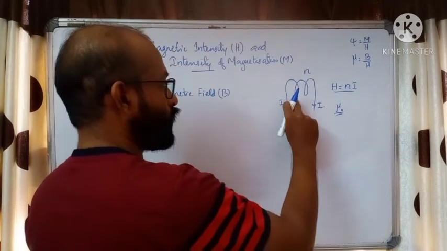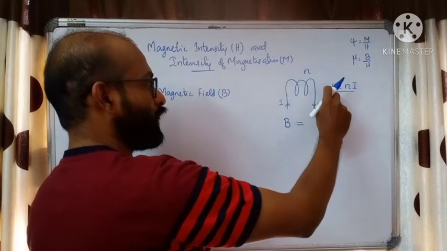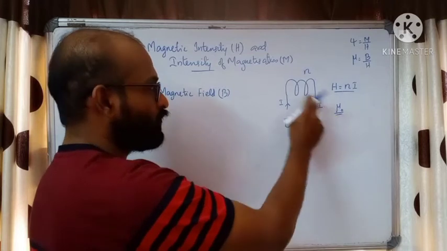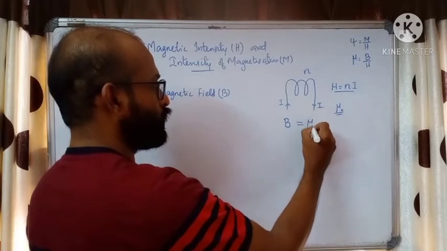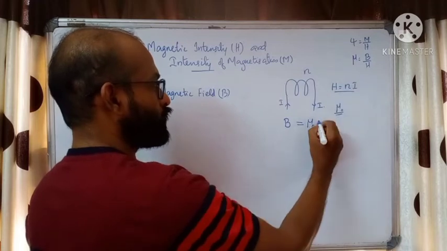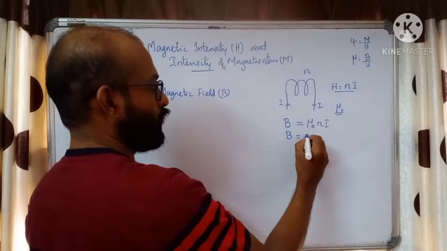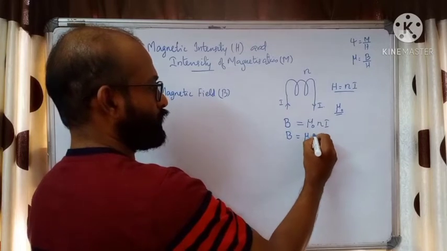Capital B, the field in the region due to the current carrying solenoid, depends on these two terms along with the medium. If there is vacuum, we have mu0 and these two terms, n into I. So in short, B is equal to mu0 H.